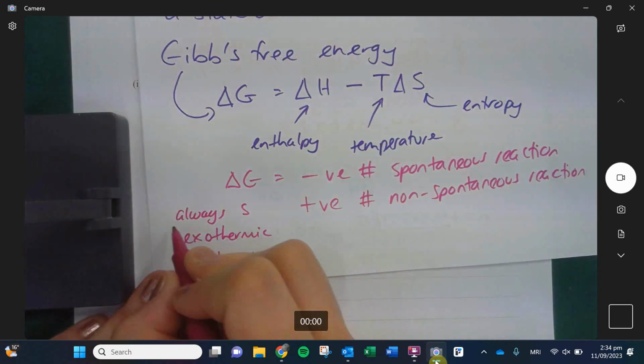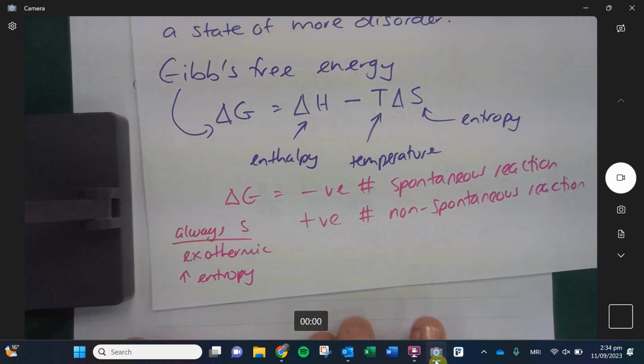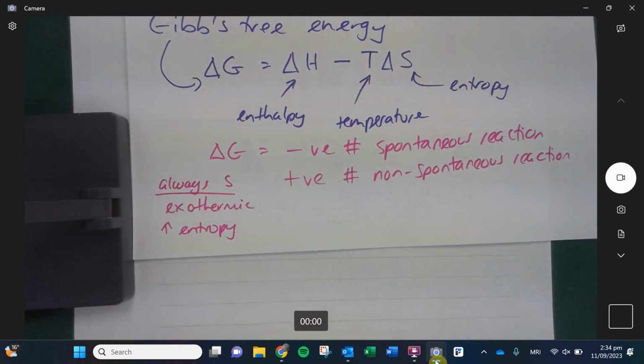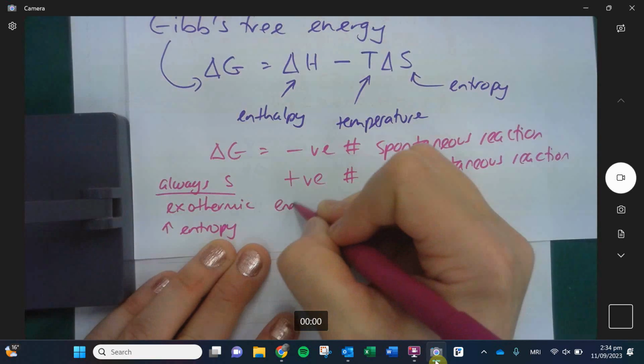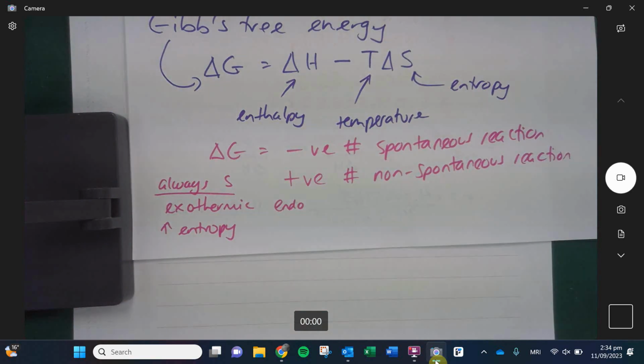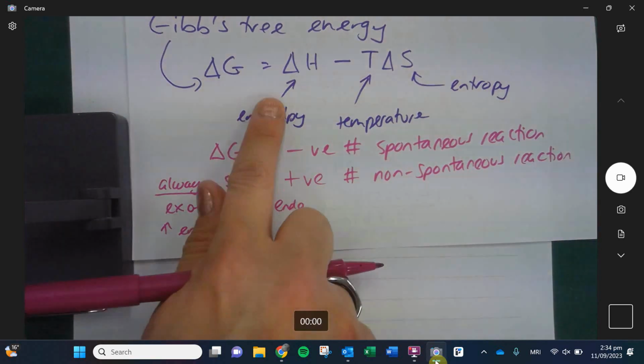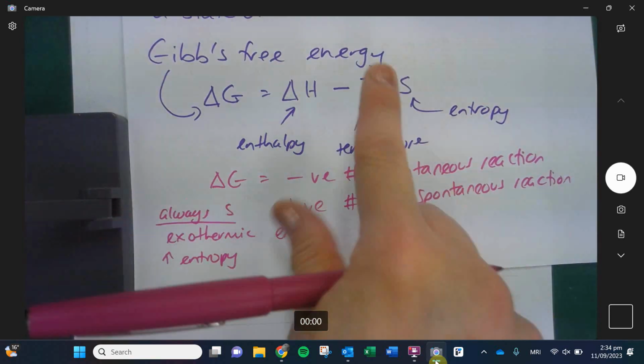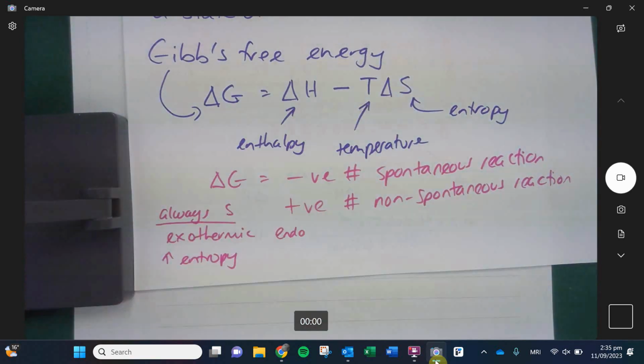I'm kind of squishing things now because I've run out of space and I don't have my paper. All right. What I could have as well is an endothermic reaction. That's going to be a positive number right now. But if this combination of numbers is greater than the enthalpy, it'll still be spontaneous.